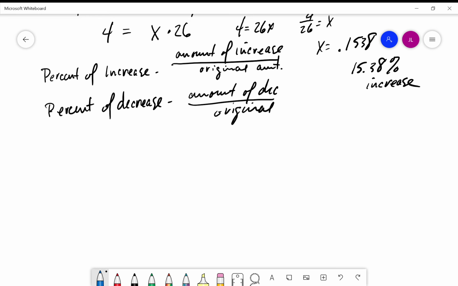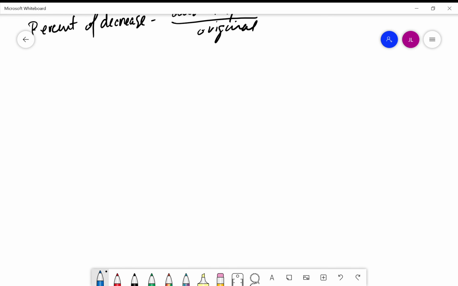Let's say sales of cupcakes in 2000 were, I don't know, let's say $120,000.